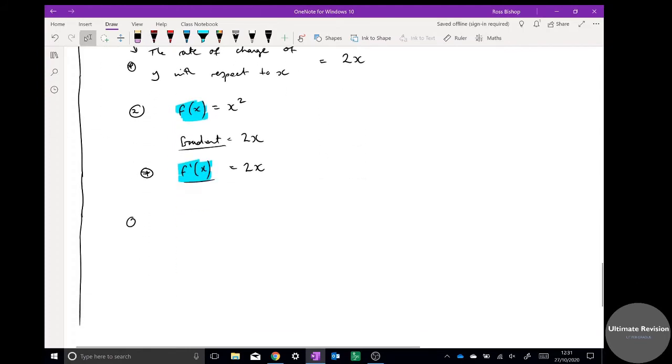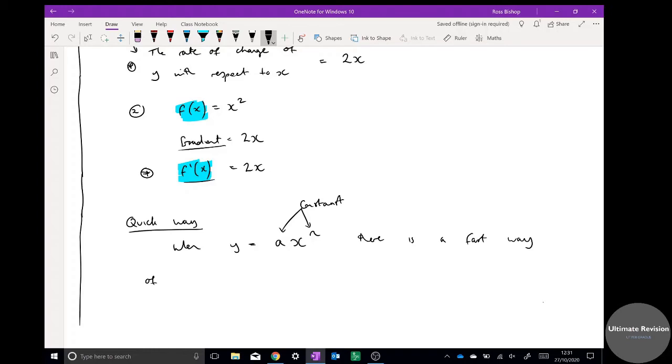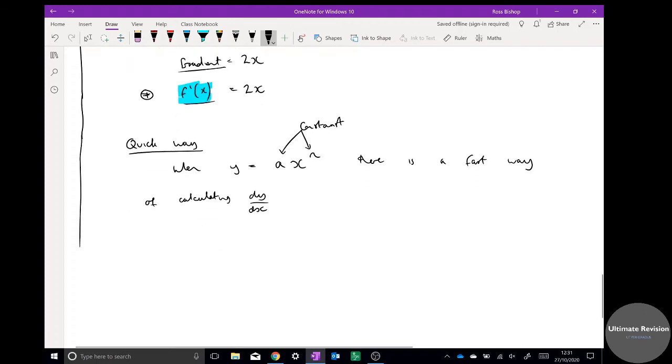Now, there is a quick way, luckily, of finding out the gradients. So when y is equal to something times x to the power of something, where these two are just constants, there is a fast way of calculating dy dx, okay?